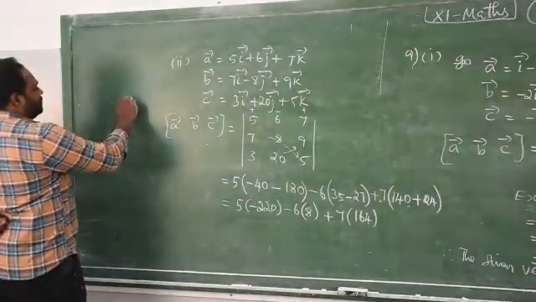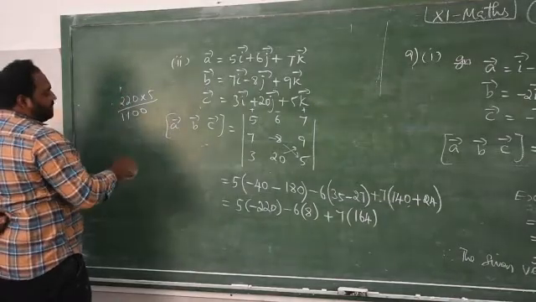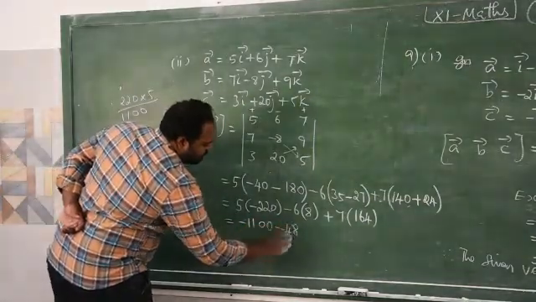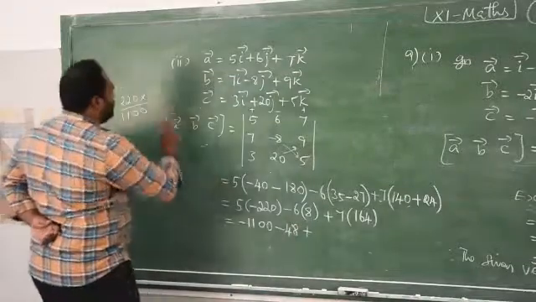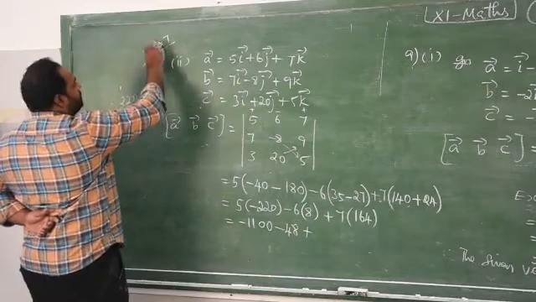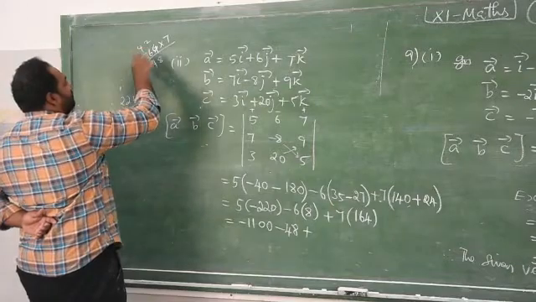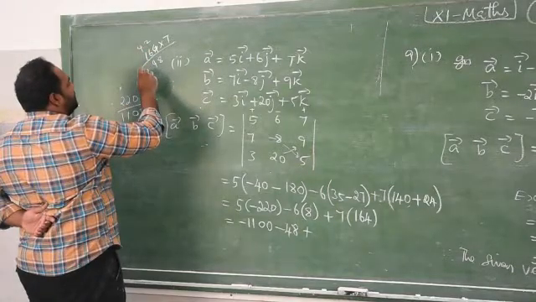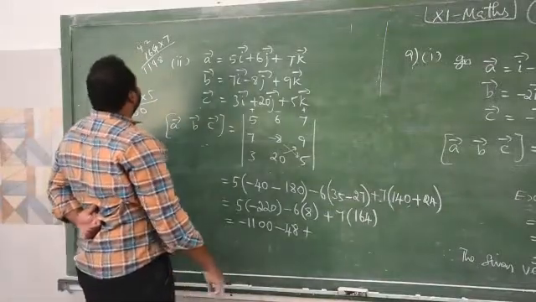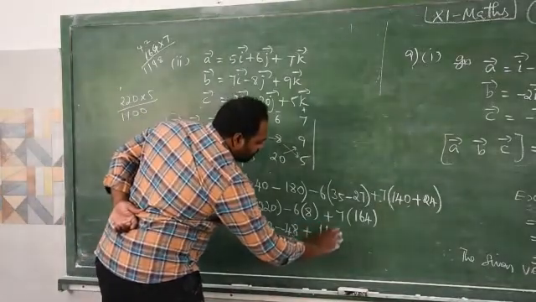So 220 into 5 is 1100, minus 1100, 40 minus 48, 164 into 7 is 1148.